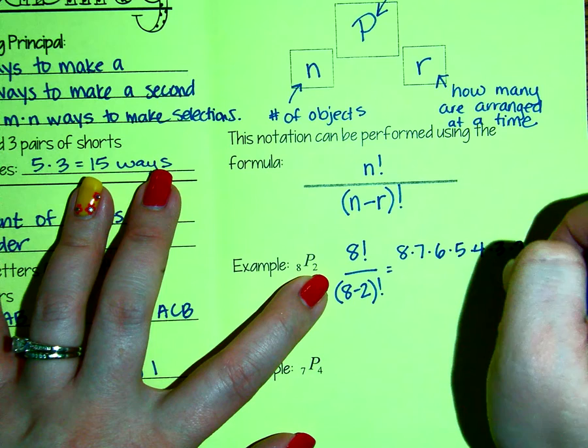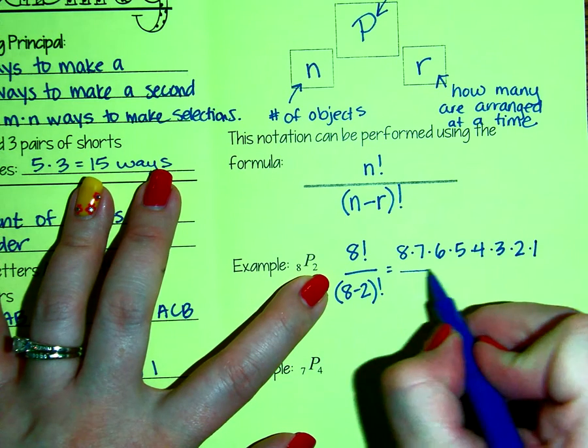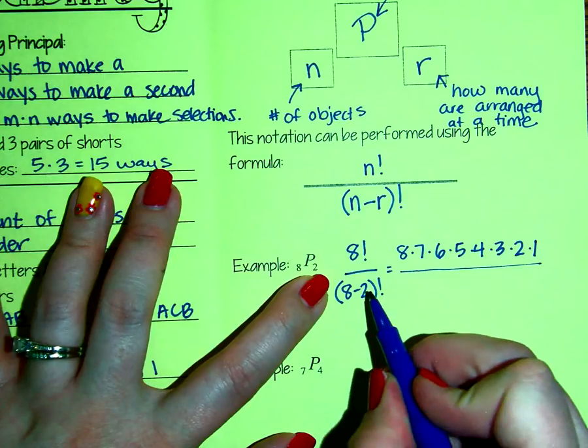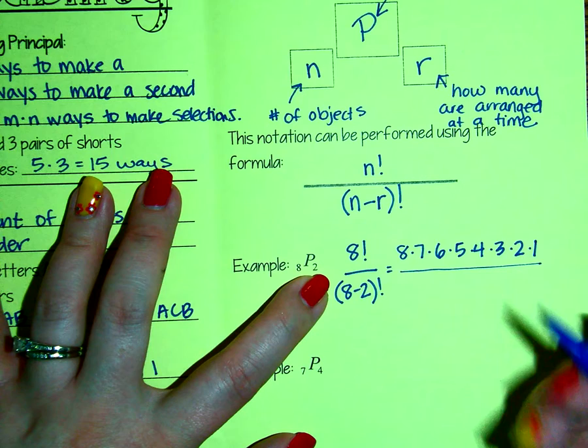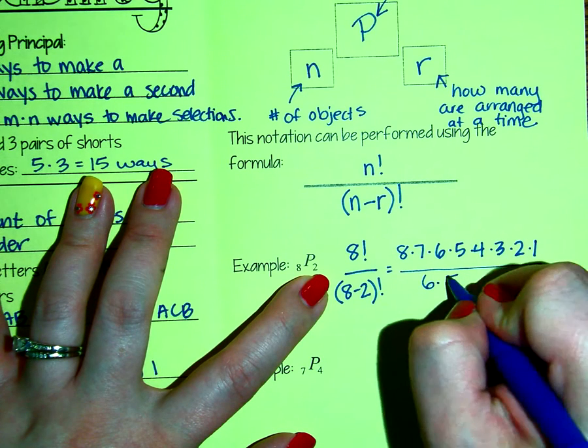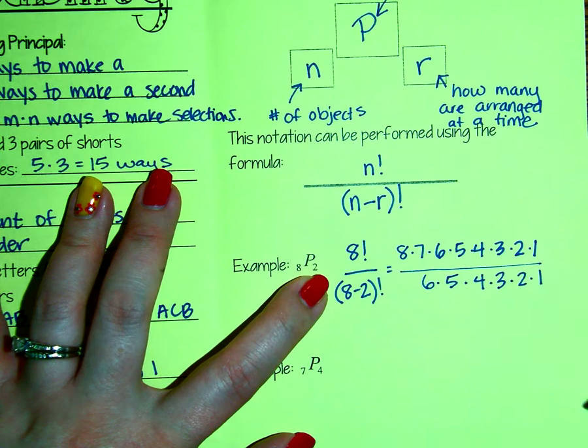Then 8 minus 2 gives me 6, so I write 6 factorial: 6, and then all the numbers between 6 and 1.